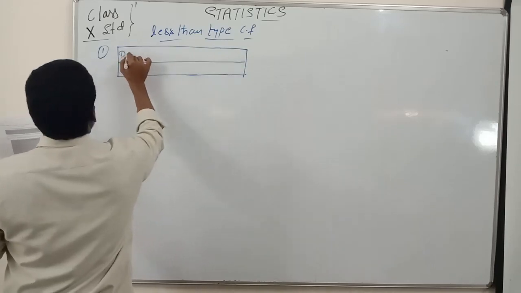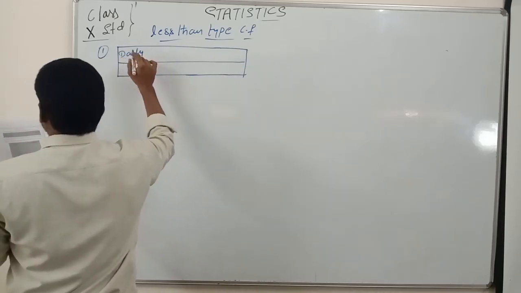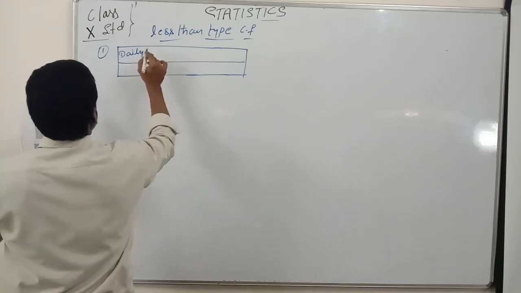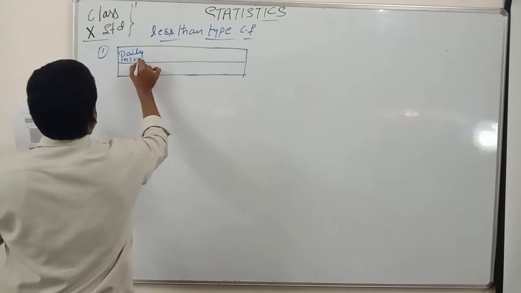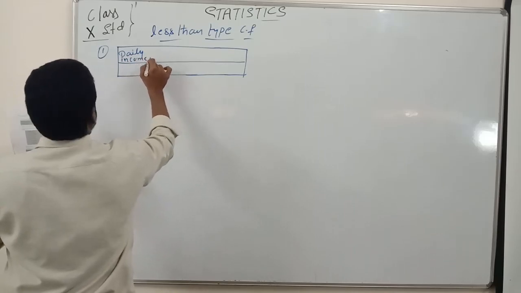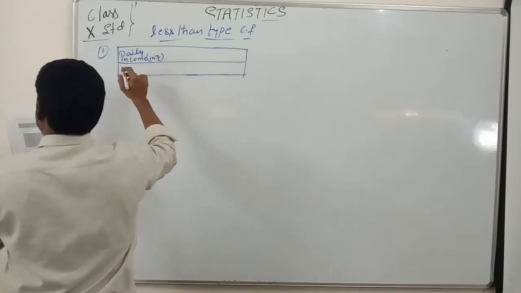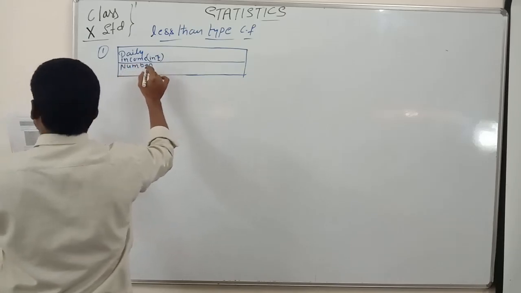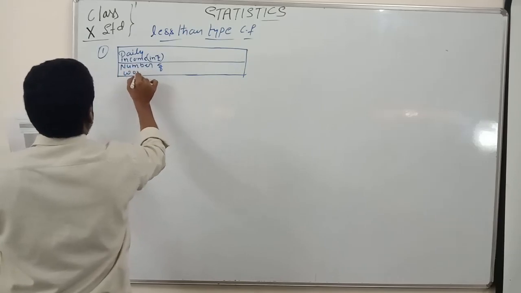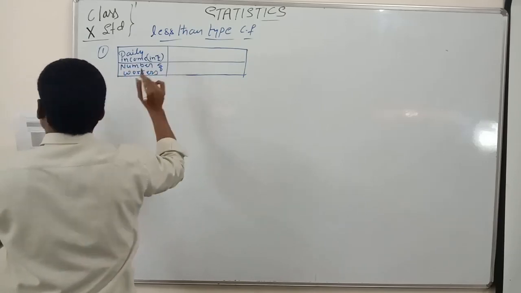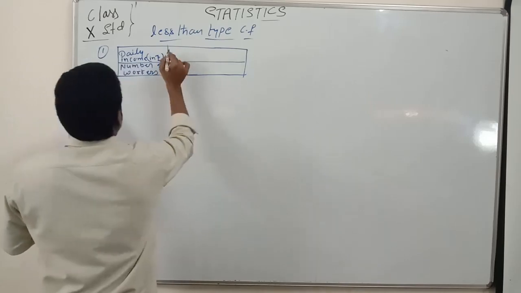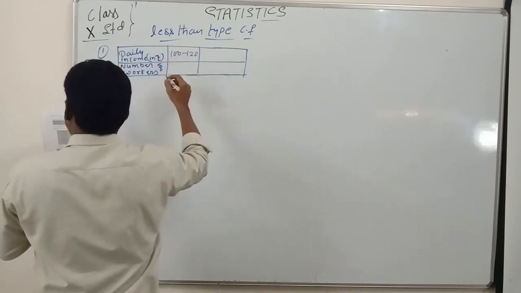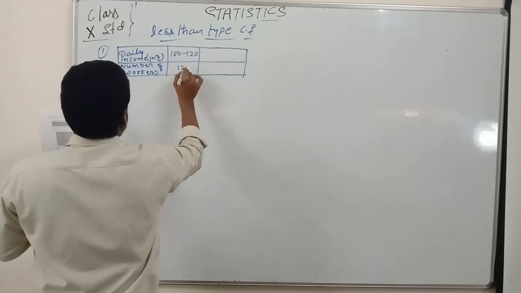So this is the daily income in rupees. Second column, number of workers. So daily income 100 rupees to 120 rupees, how many are there? 12 members are there.